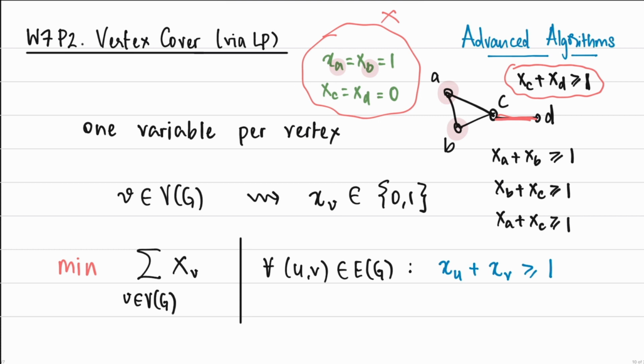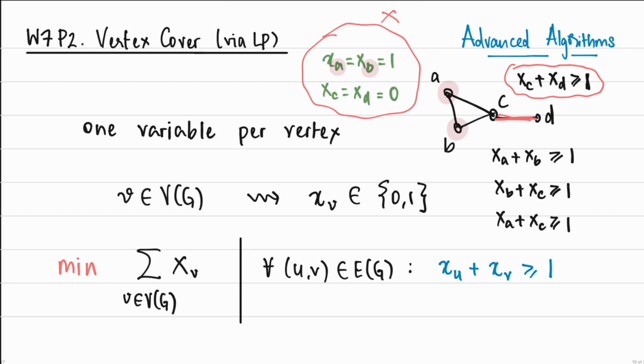And you can also think of this as an optimization question, and since the ILP is trying to minimize the total number of variables that are set to 1, the optimal ILP solutions naturally correspond to minimum vertex covers.